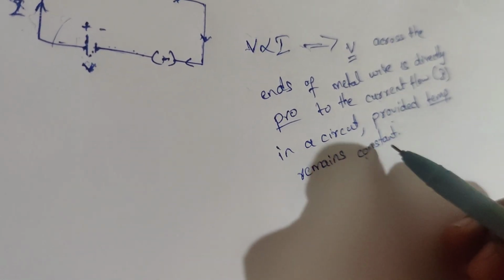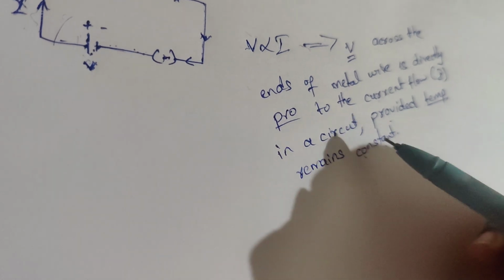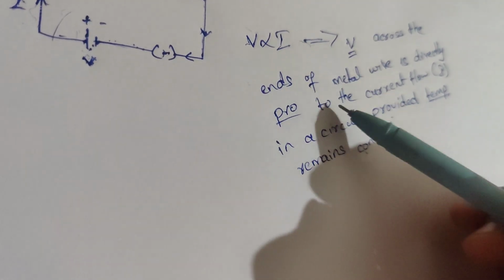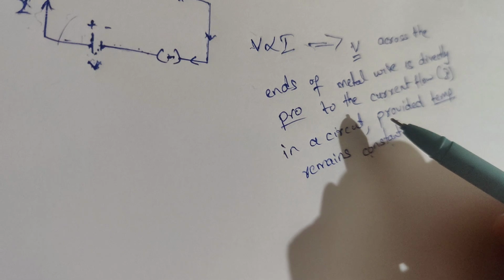Only at constant temperature can we see that an increase in potential difference increases the flow of current.